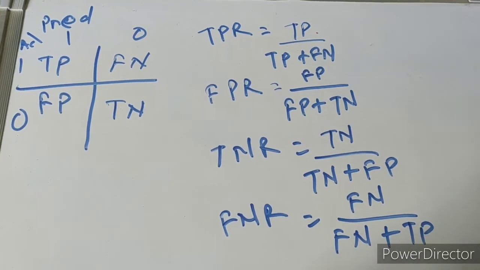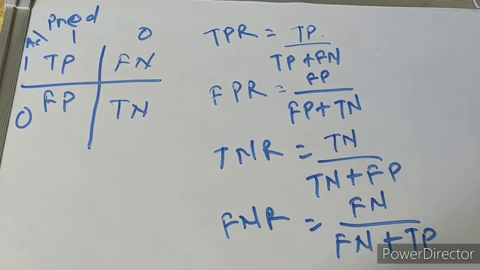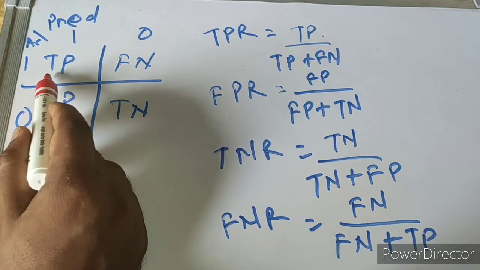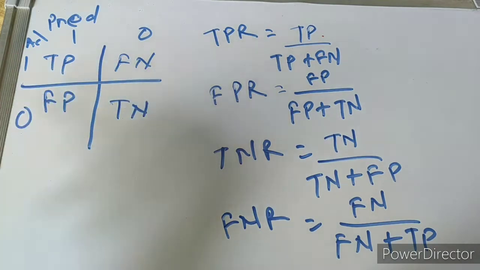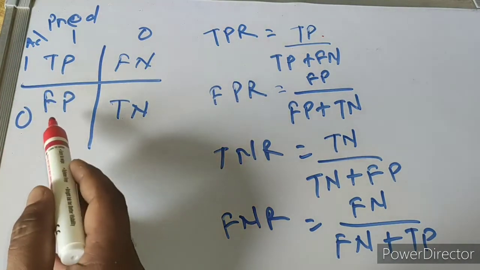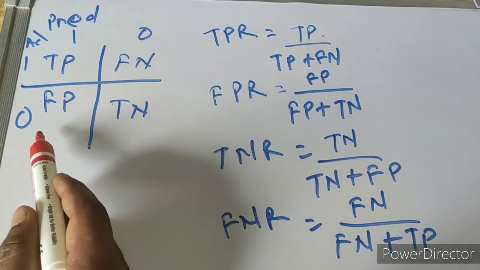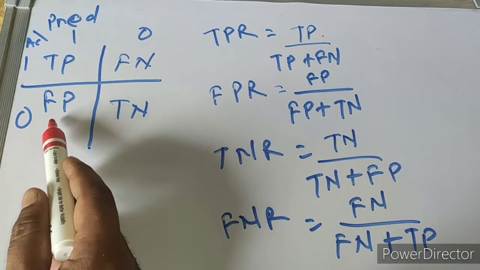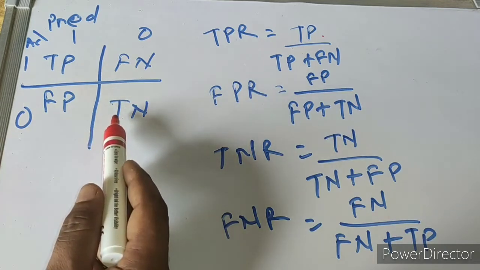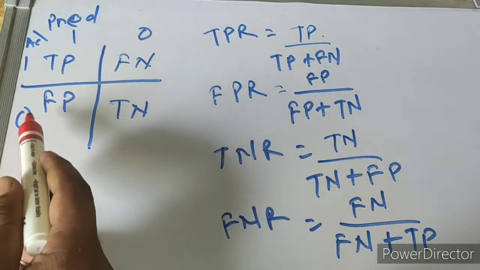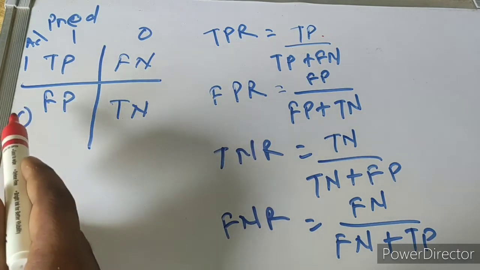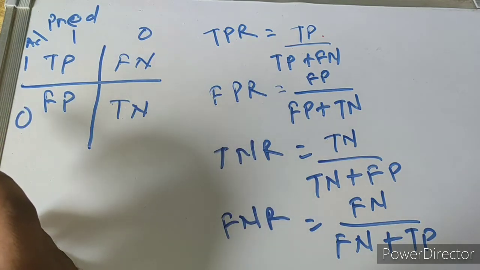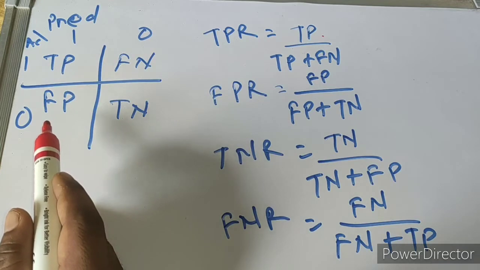It means these are actual values out of which true positive is considered. Like that, false positive rate is false positive FP divided by false positive plus true negative. It means out of actual negative values, how many records are incorrectly classified. That is false positive records.